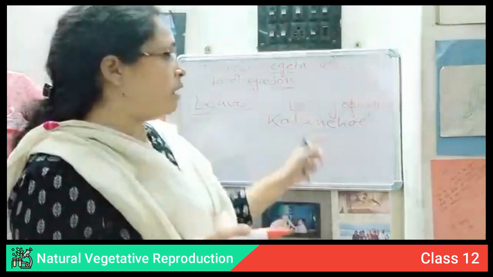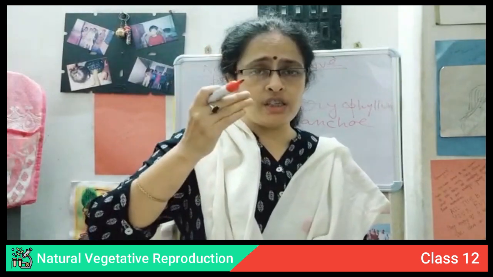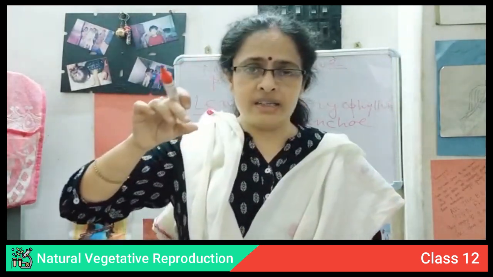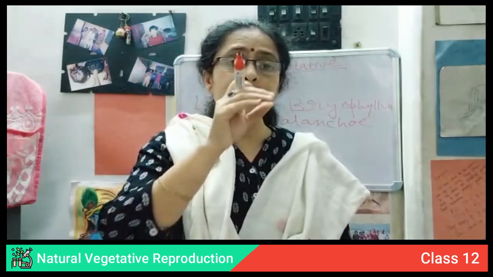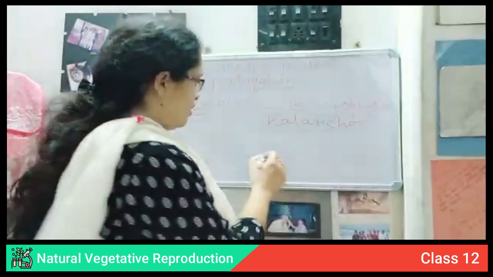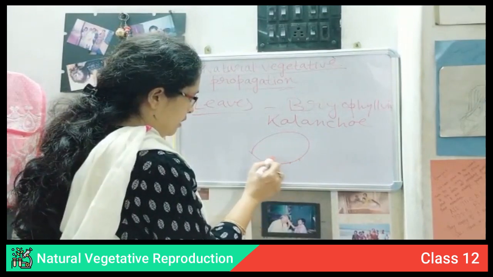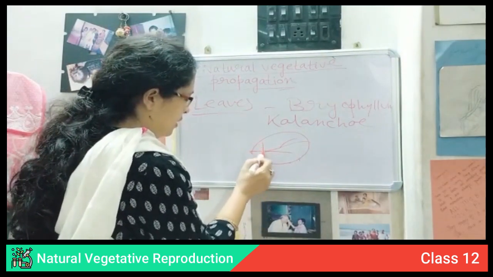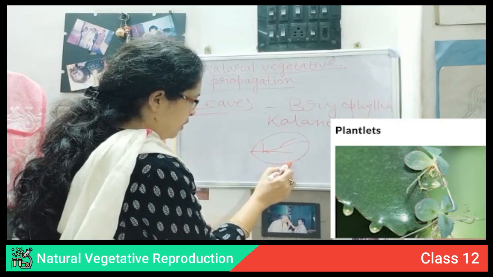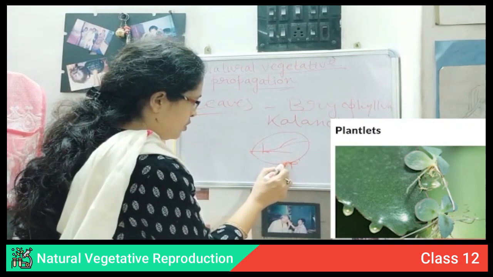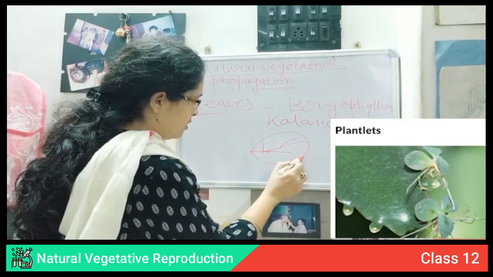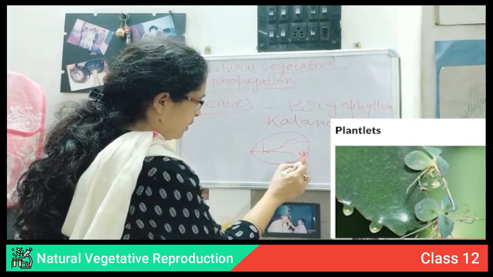The bryophyllum and kalanchoe leaves have notches in their margins, and there are adventitious buds in the notches, and from these notches new plants grow.